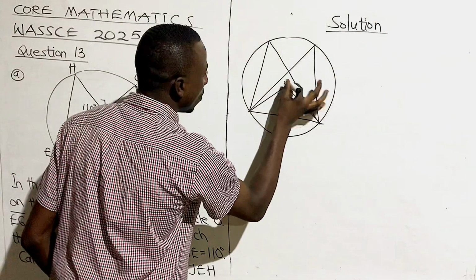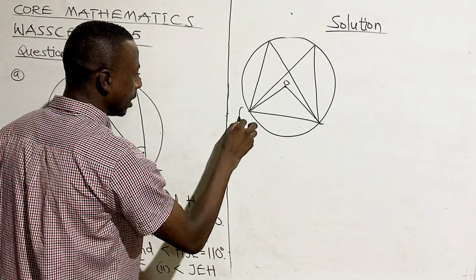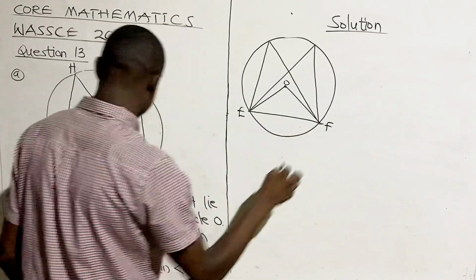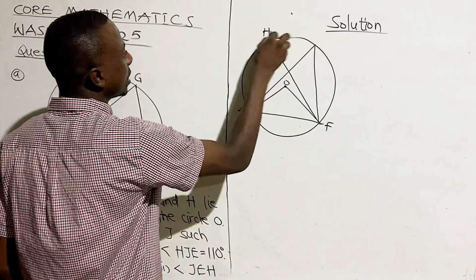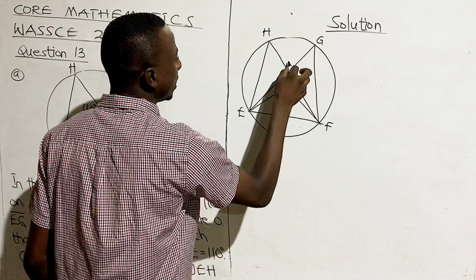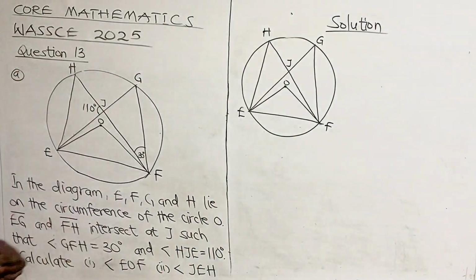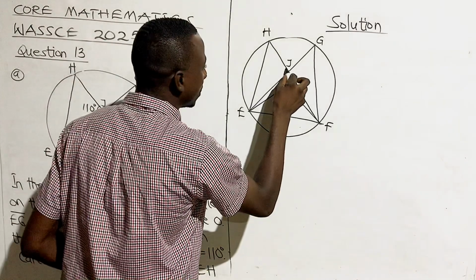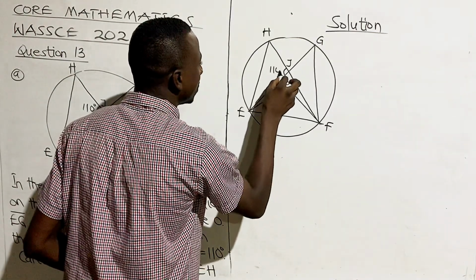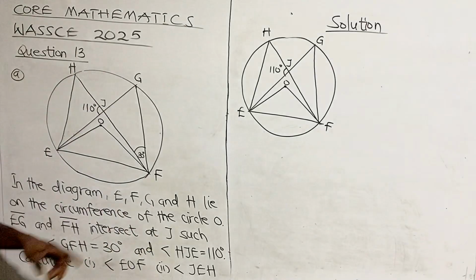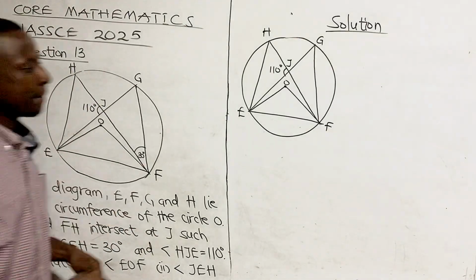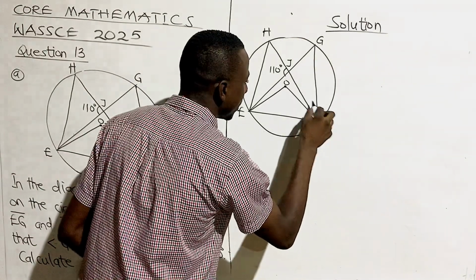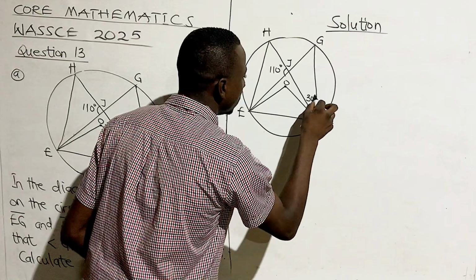We have center O. We have here to be E, here to be F. We have this point to be H, this point to be J. Then the intersection is J. The angle formed here is 110, so we have 110 degrees. And the angle forming here is 30 degrees.